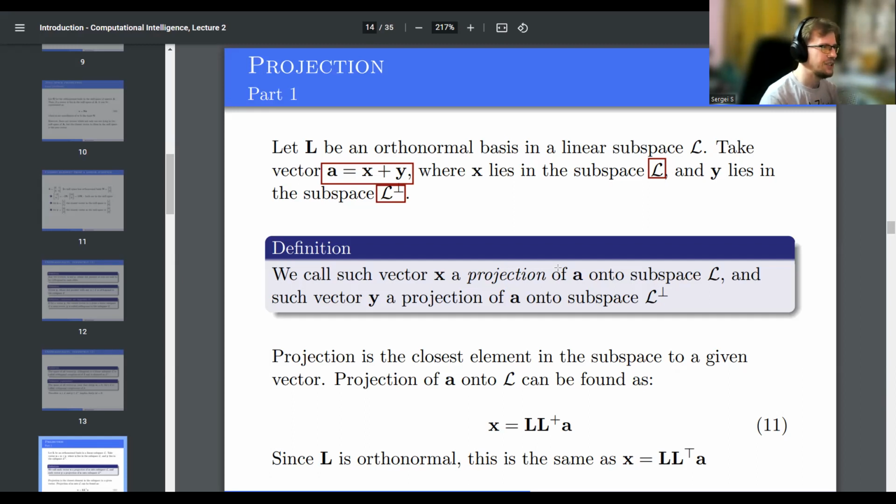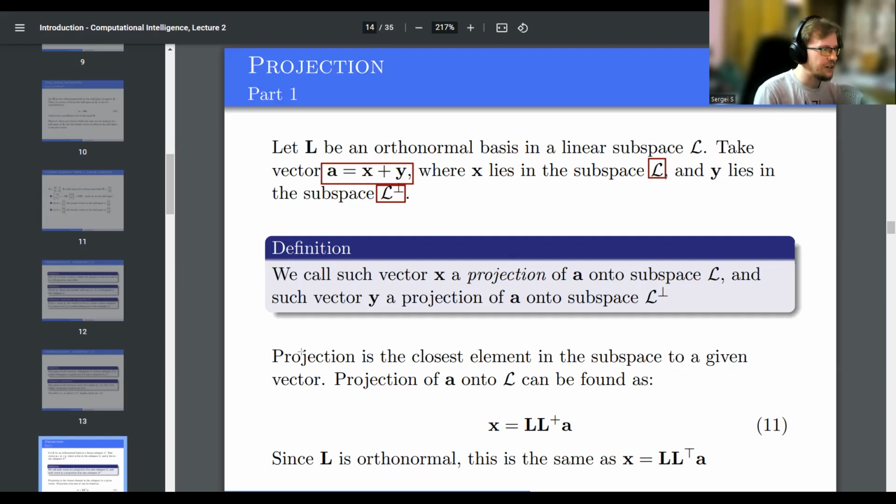How is the fact that A can be decomposed into X plus Y giving you a projection? Well, it is because X lies in one subspace and Y lies in its orthogonal complement. Only that is why. You couldn't do it without this orthogonality property. Just to give you direction in your thinking.